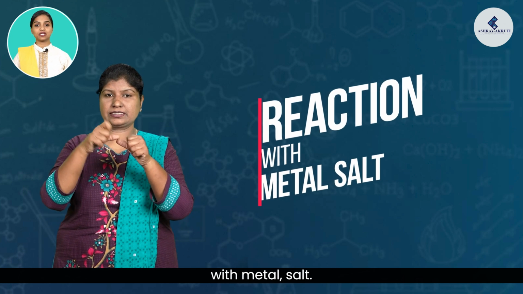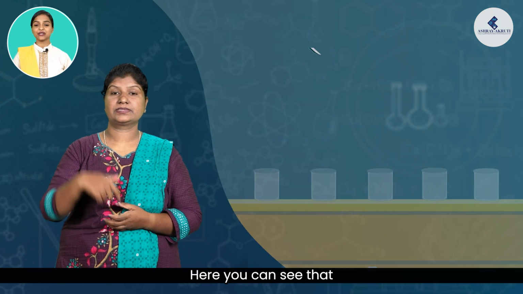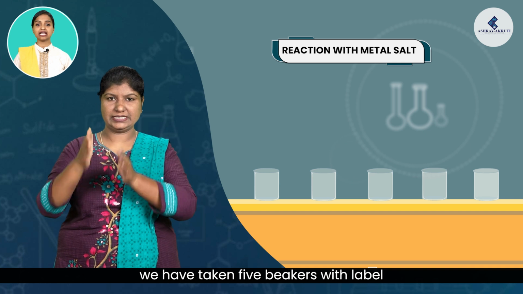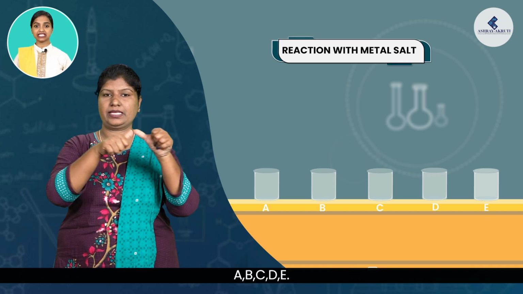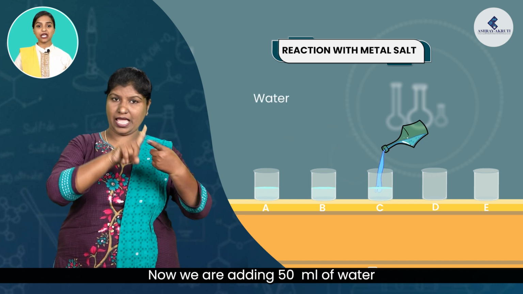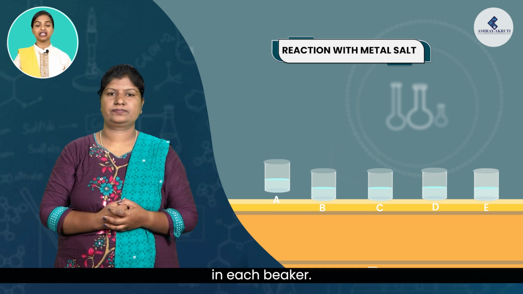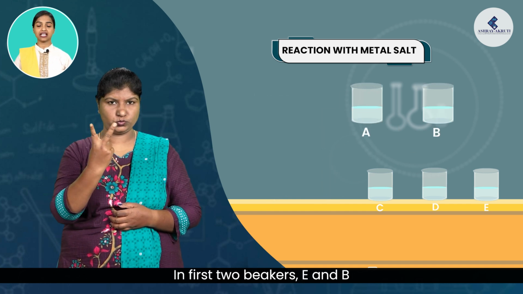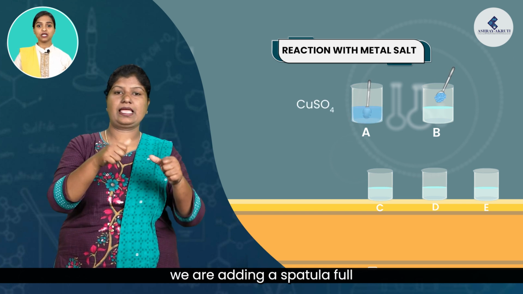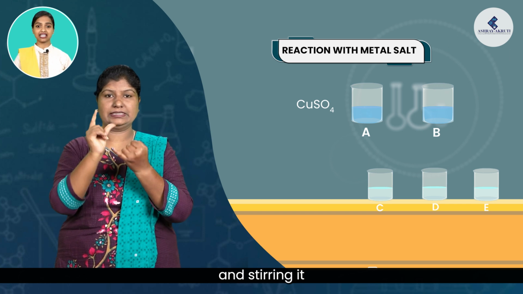Reaction with metal salt. Here you can see that we have taken 5 beakers with labels A, B, C, D, E. Now we are adding 50 ml of water in each beaker. In the first 2 beakers, A and B, we are adding a spatula full of copper sulfate and stirring it to dissolve.